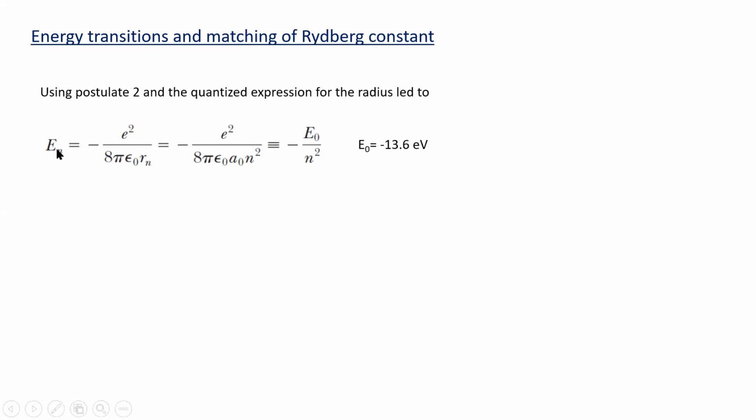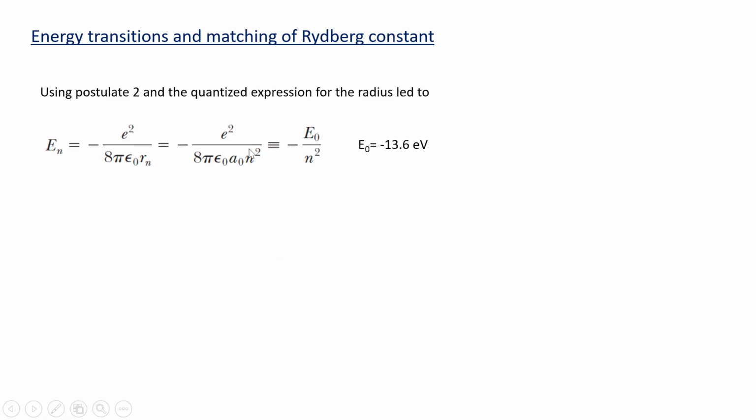I just summarized: E_n is equal to e squared over these constants times n squared. And so we can call this e squared over 4 pi epsilon naught a naught, just call that E naught.